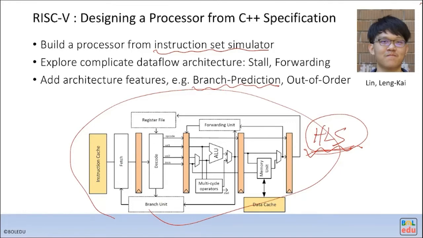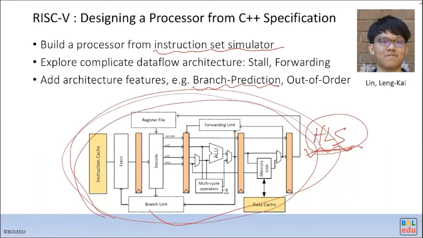So in that case, the processor will be developed completely compatible with the original instruction set definition. Yeah. So this is an effort. People take a simple RISC-V instruction set simulator and turn it into hardware using high-level synthesis.